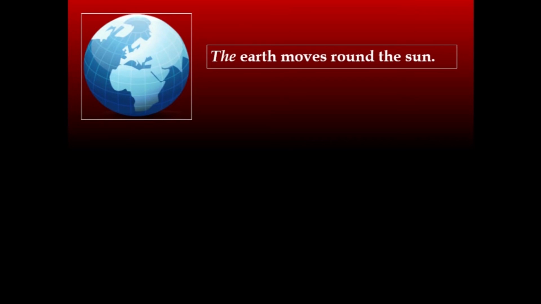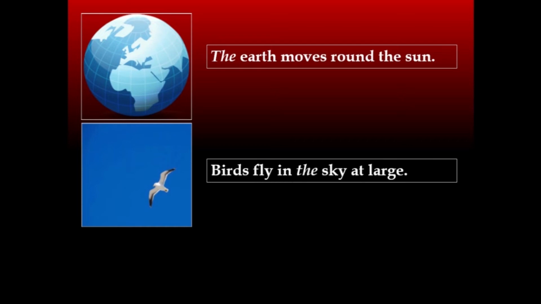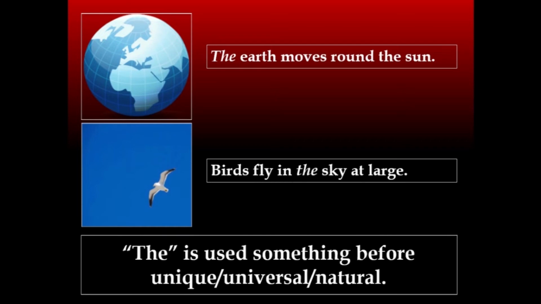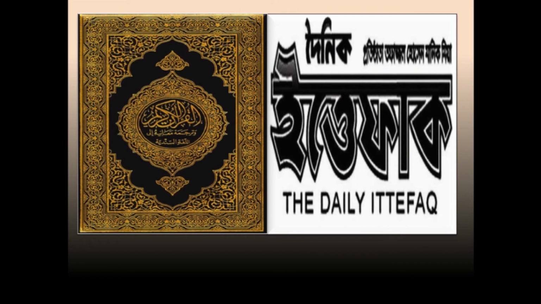The earth moves around the sun. Birds fly in the sky at large. So the is used before unique or universal or natural things. The Holy Quran, the daily ittifaq, that means newspaper.